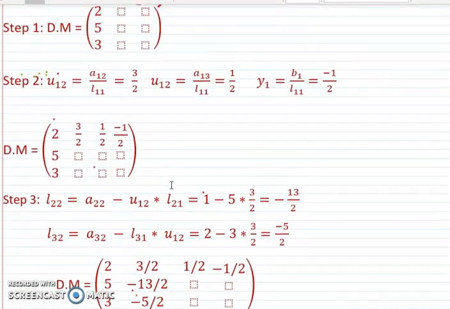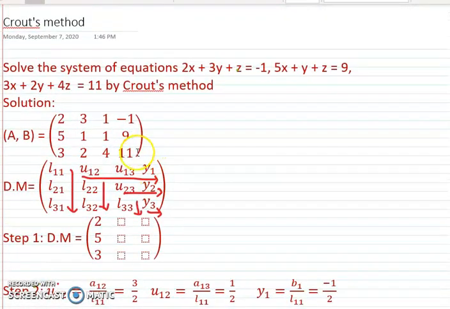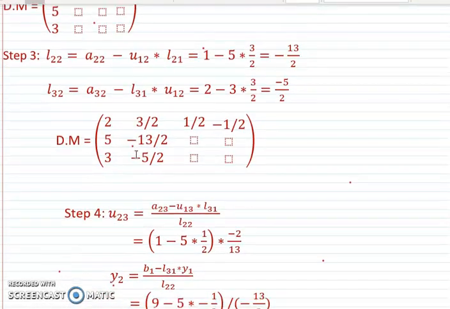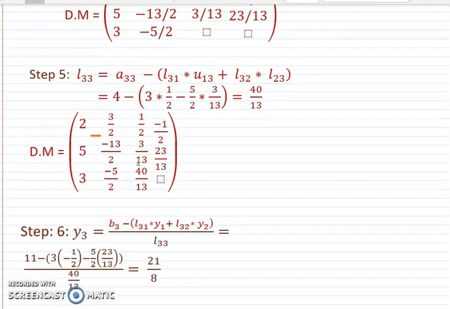So here the corresponding expression is 11 minus 3 into minus 1 by 2 plus minus 5 by 2 into 23 by 13, divided by the diagonal number 40 by 13. When we use a calculator to find these values, it is found to be 21 by 8.